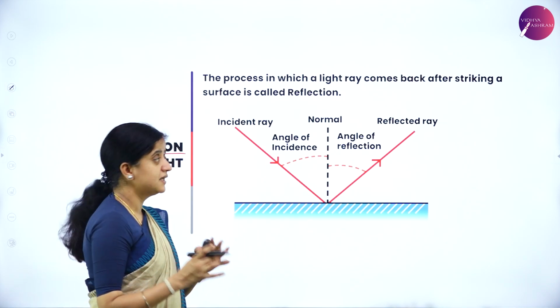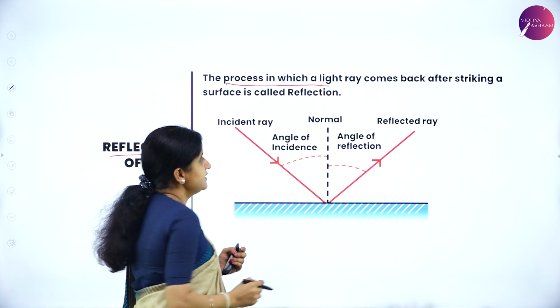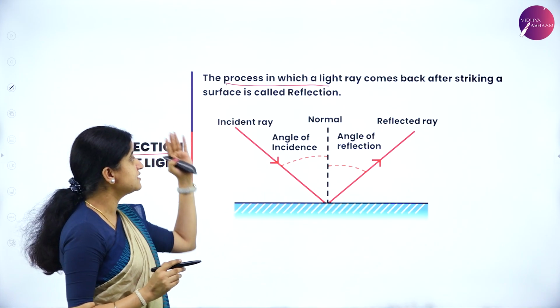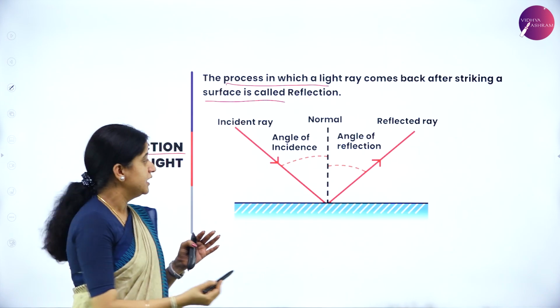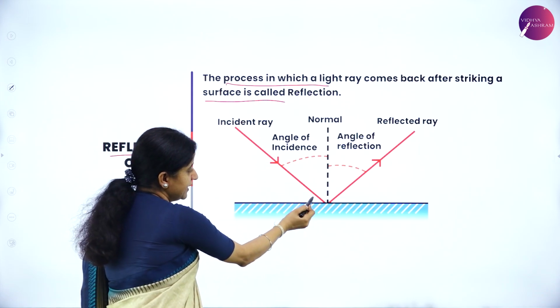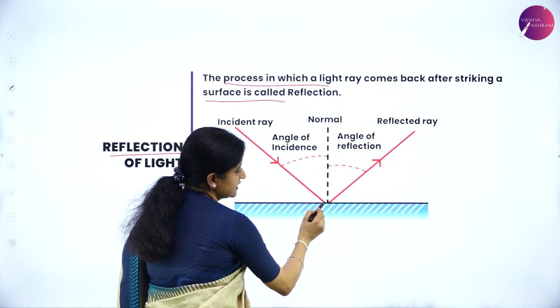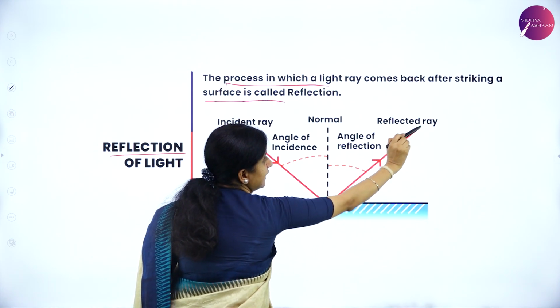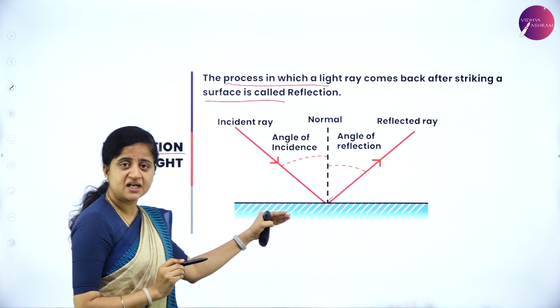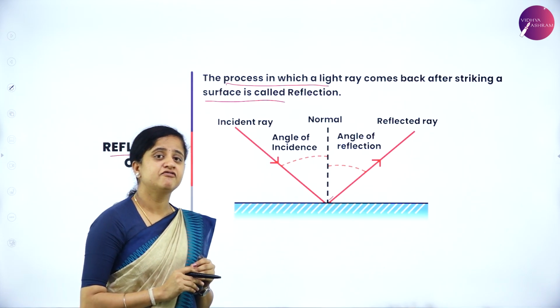Yes, that is correct. And the process in which a light ray comes back after striking a surface is called as reflection. If a light ray is traveling in one direction, when it strikes a surface, the property in which the light ray comes back after striking is called as reflection.